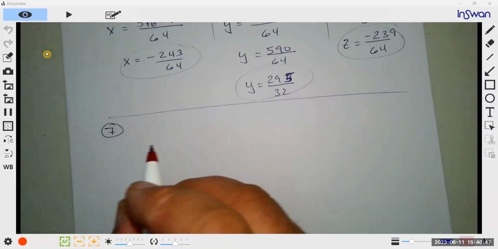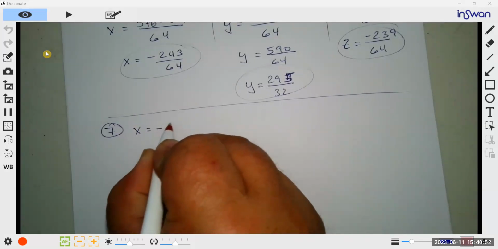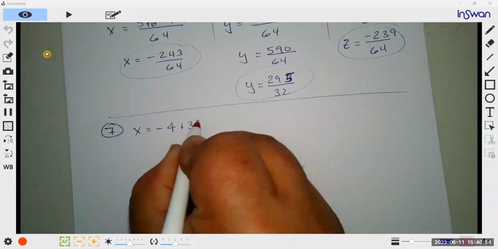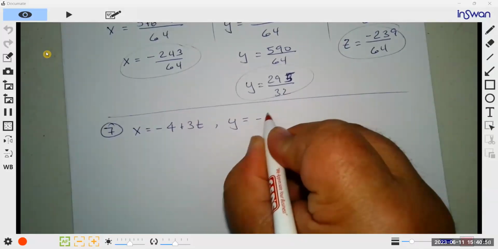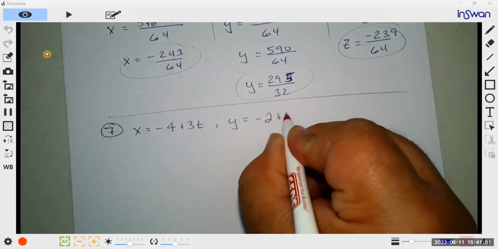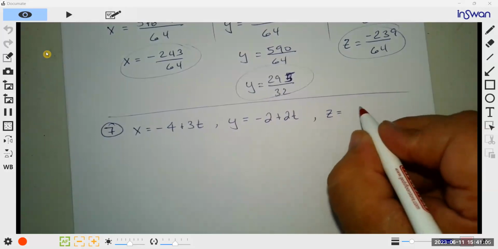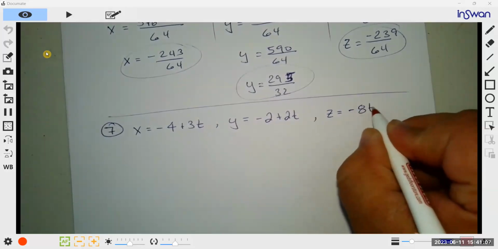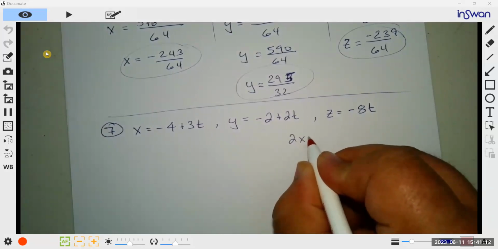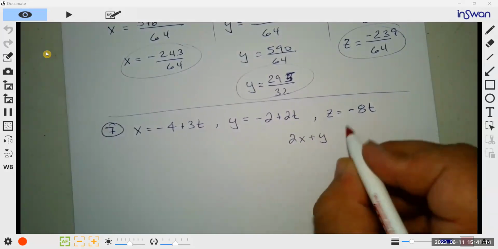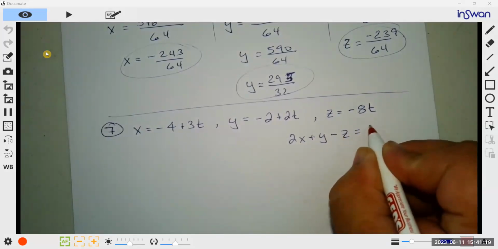Number 7. The points are x equals negative 4 plus 3t, y equals negative 2 plus 2t, z equals negative 8t. And the plane is 2x plus y minus z equals 6.